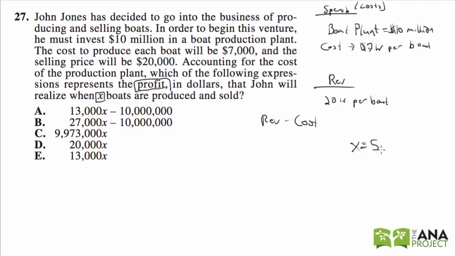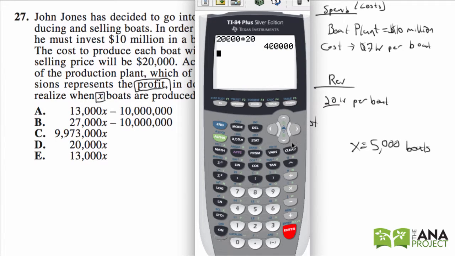So let's say X equals 5,000, he sold 5,000 boats. So if John sold 5,000 boats at 20,000 per boat, that would be 20,000 per boat times 5,000 boats.